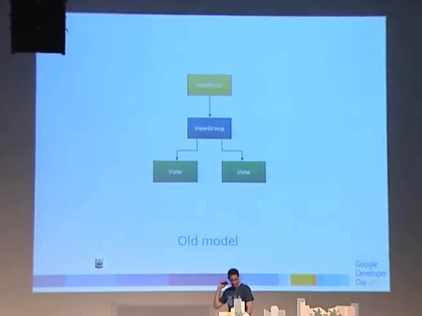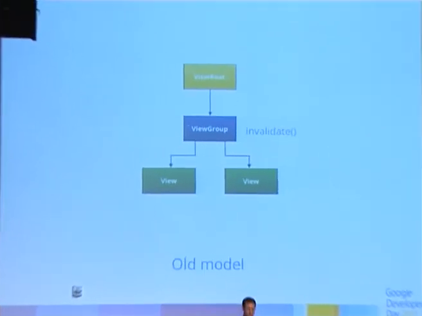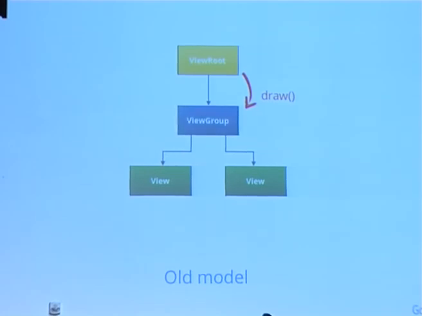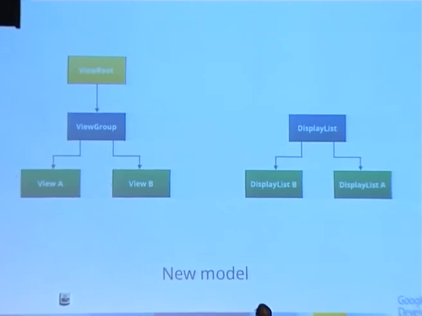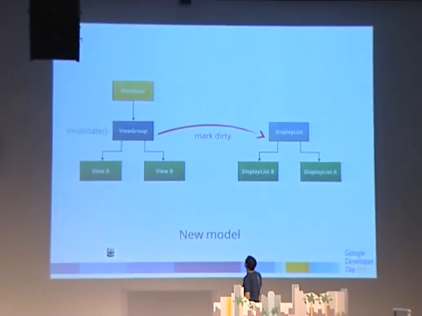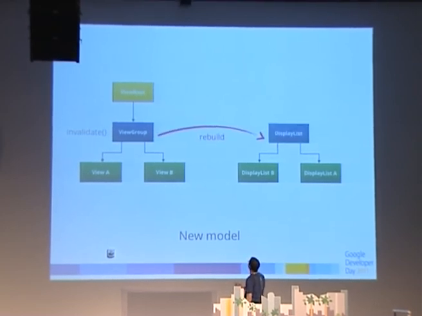So again, this also works for view groups. So before you would invalidate a view group, it would invalidate the parent and come back down and do the draw, which would draw both views again. Now if you invalidate a view group, it marks the display list of the view group as dirty, invalidates, redraws, and rebuilds.